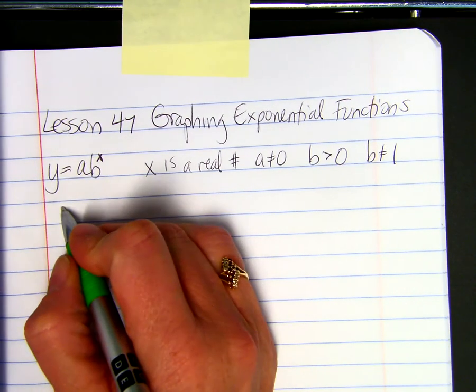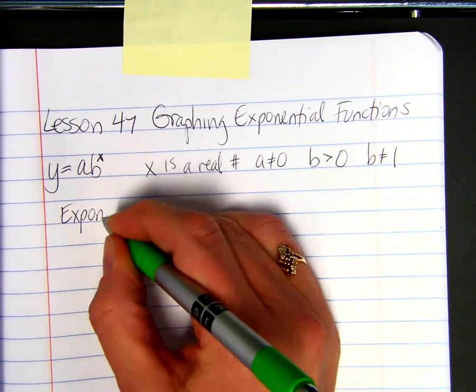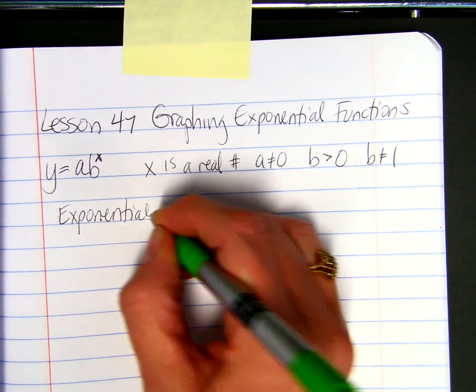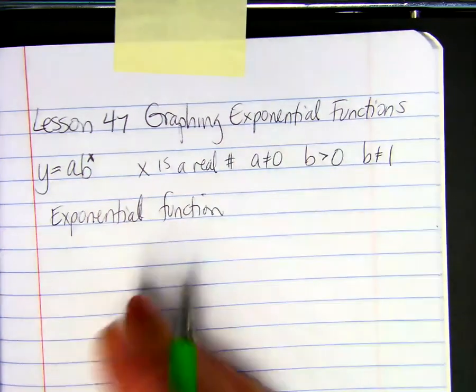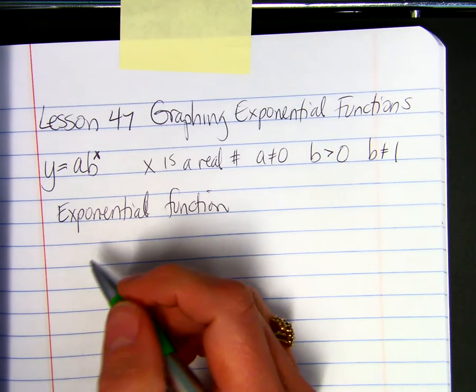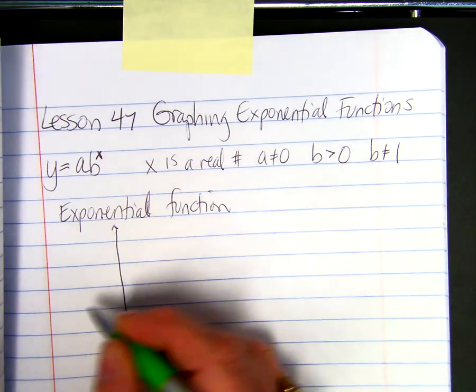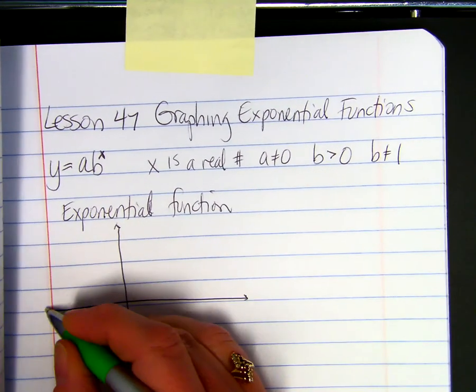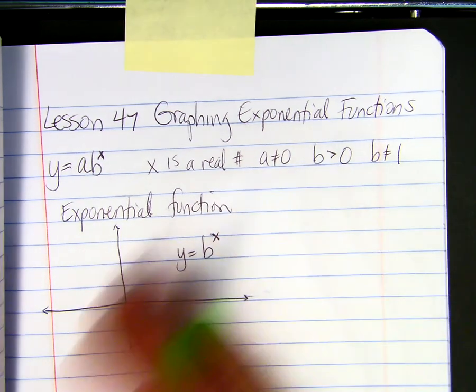So let's see, here's what it looks like. Exponential: y equals b to the x.